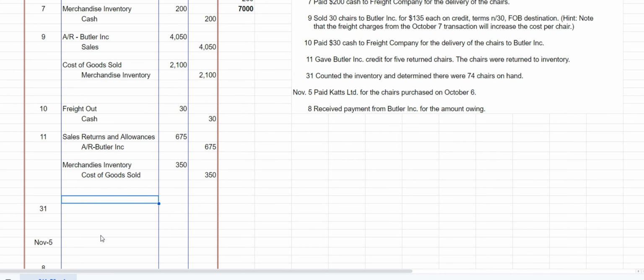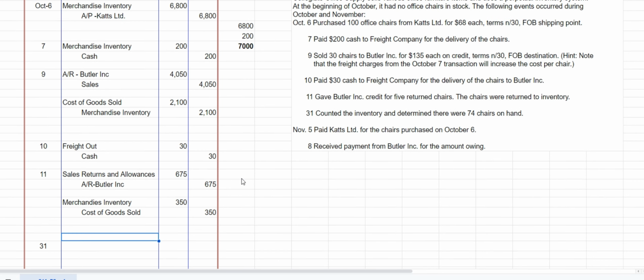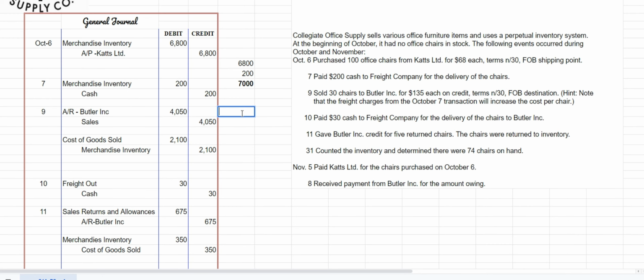Okay, now moving on to October 31, counted the inventory and determined there were 74 chairs on hand. In this case, we need to find out how many chairs we should have. In the beginning of the question, it says there are no office chairs in stock.